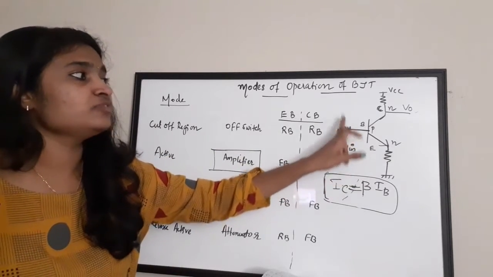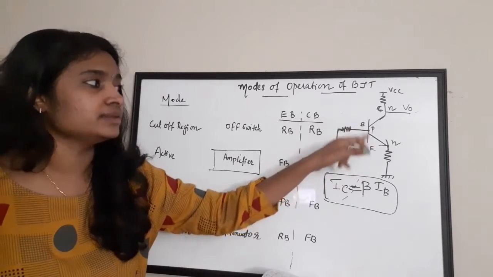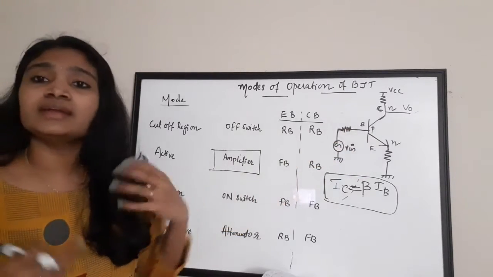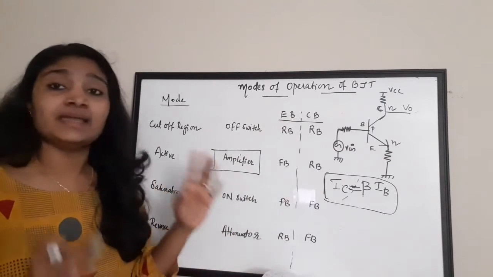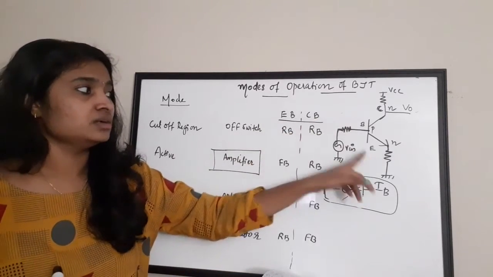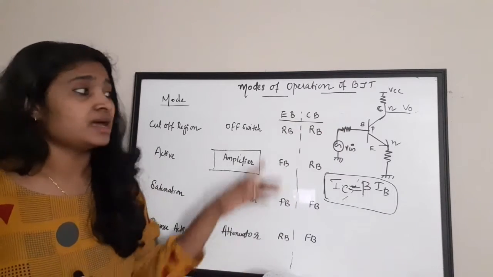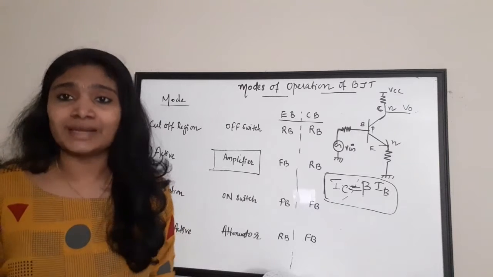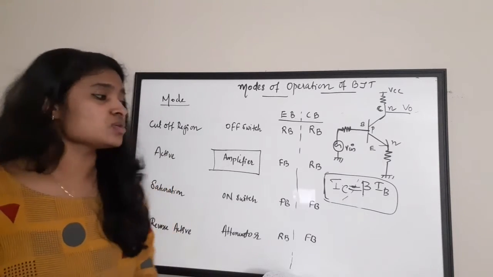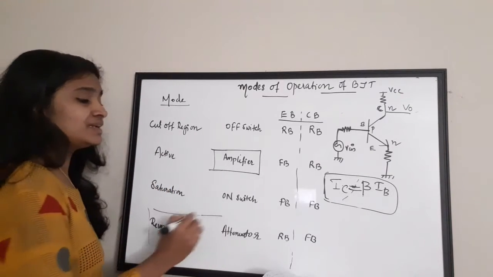It is not practically possible, because it is a current control device. Only if we apply some input current can we get some output values. So if we make the emitter base region reverse biased and the collector base junction forward biased, that is not practically possible. So reverse active is only possible as a theoretical case.